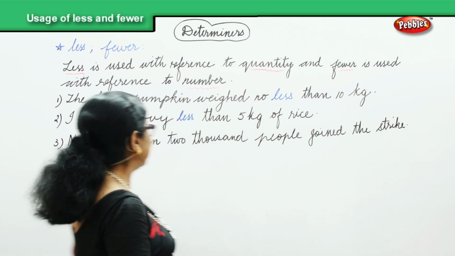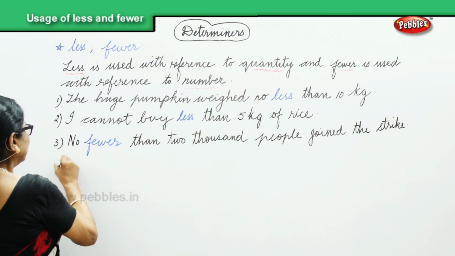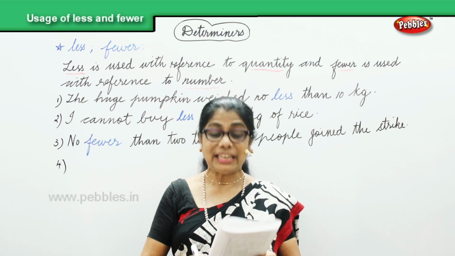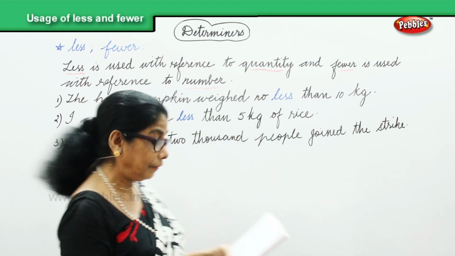Okay? Next sentence. Again, no fewer than 10 civilians were hurt in the firing.